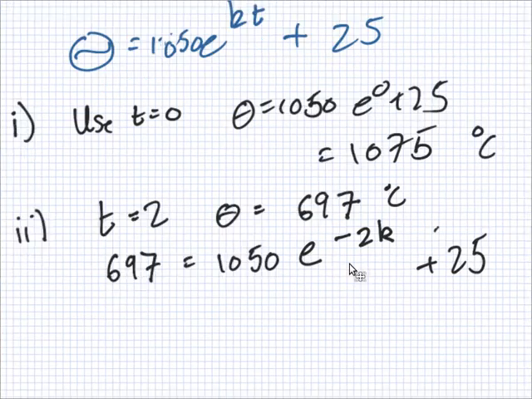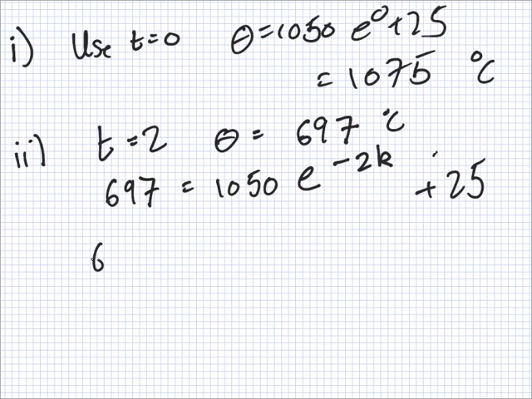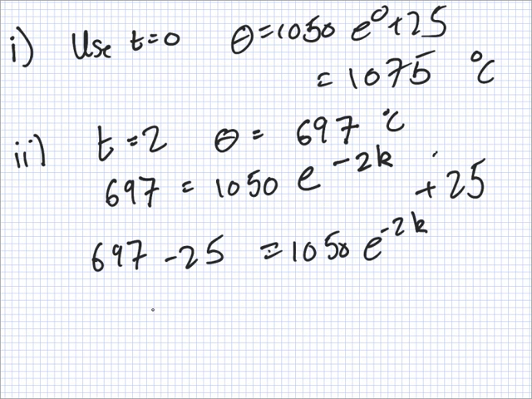So 697 minus 25 is 1050 e^(-2k). So that is 672 equals 1050 e^(-2k). Now what should I do next?